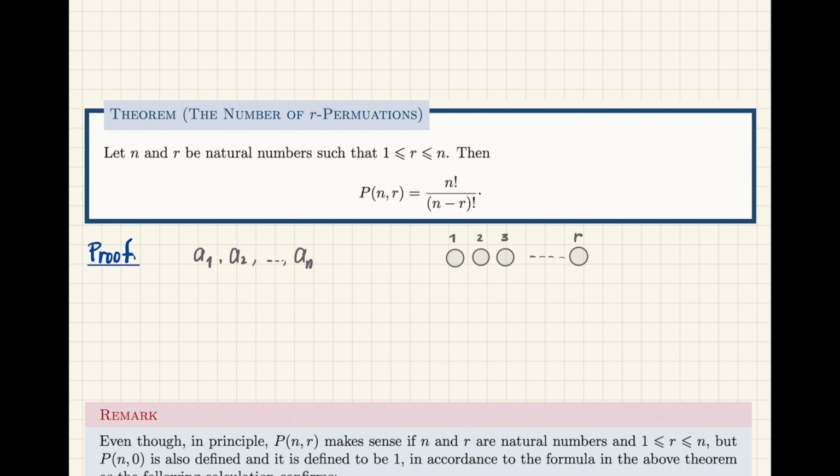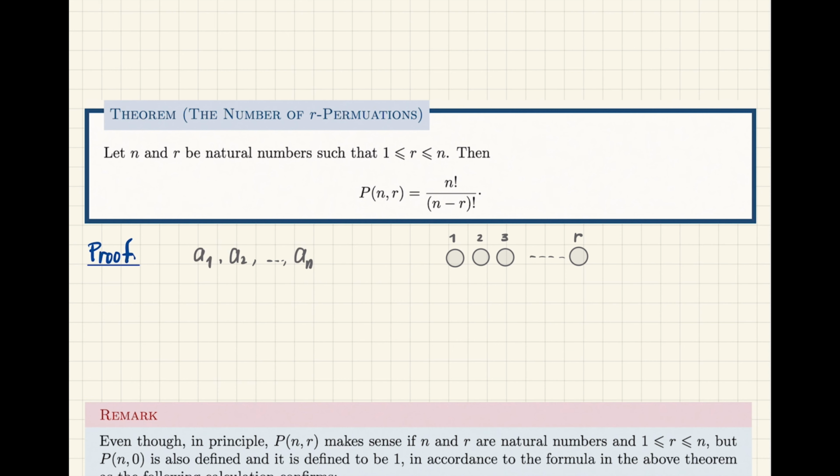Okay, can you tell me, let me consider this stage 1. How many options are available for stage 1? R options? No, be careful. How many objects do I have? Yes, I have n objects. If the arrangement is done, it means that the first position is filled with one of these alternatives.